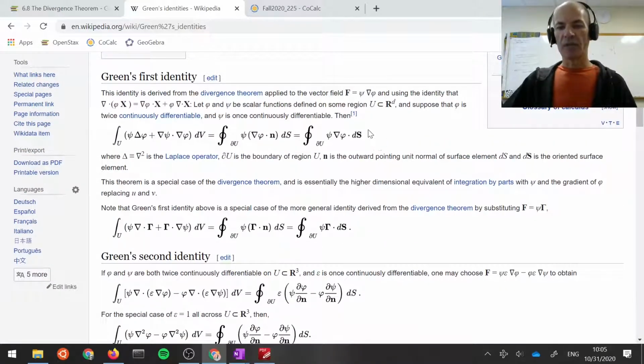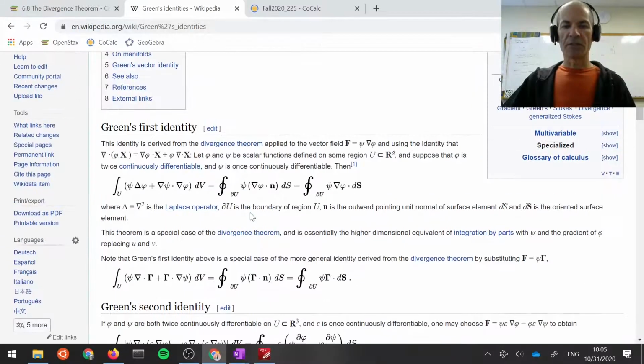The one I want to draw your attention to, though there are many other useful ones, is Green's first identity, which says that if psi and phi are scalar functions, and we look at psi times the Laplacian of phi, plus the gradient of psi dotted with the gradient of phi, and we integrate over the volume, that can be written as the integral over the boundary of psi grad phi.